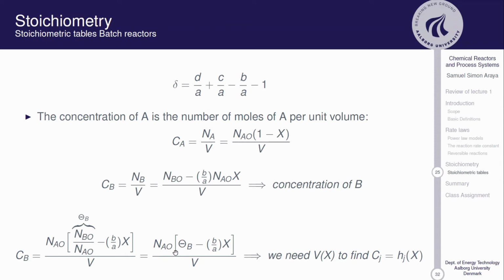We call that delta, and then we have the concentration of B as a function of the initial moles of A. But obviously we will need the volume as a function of conversion in the case of a variable volume system. If it's a batch, then we will just call this V, because it will be the same as with time. But if we have changed, then we will need to define the volume as a function of conversion.